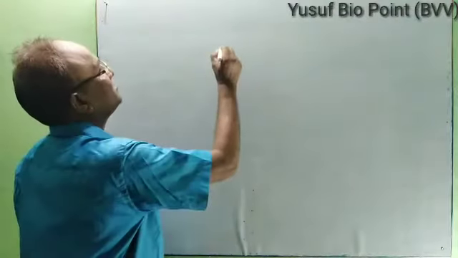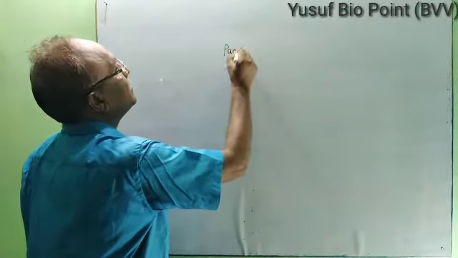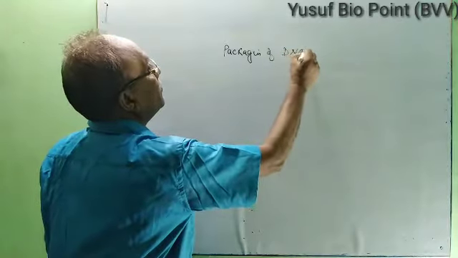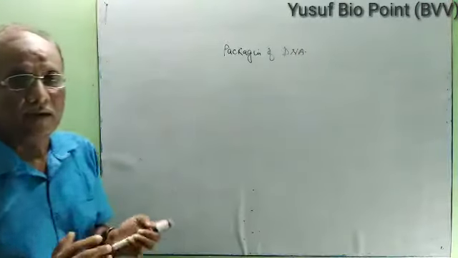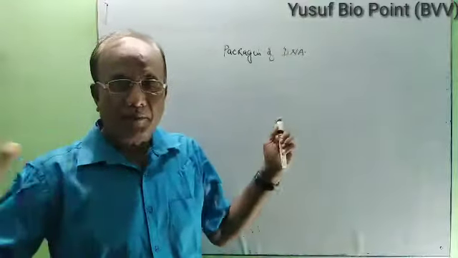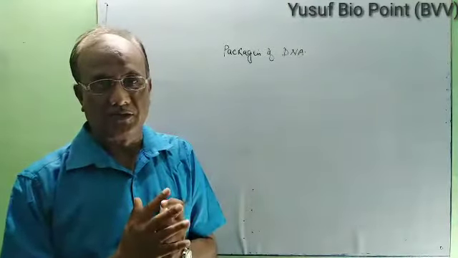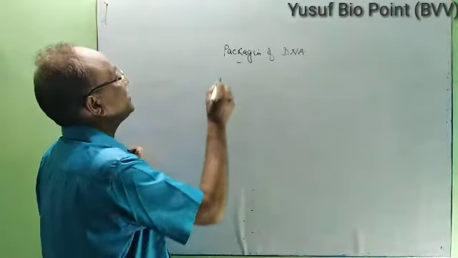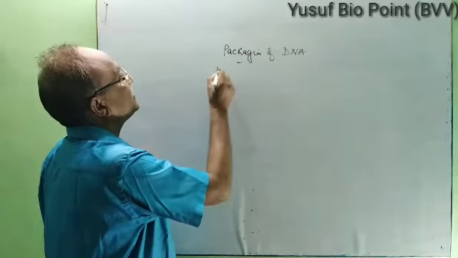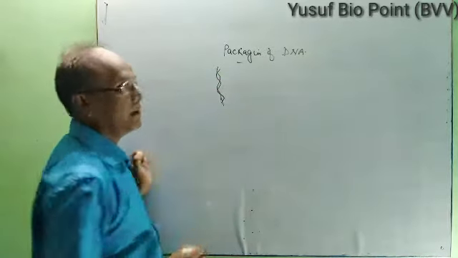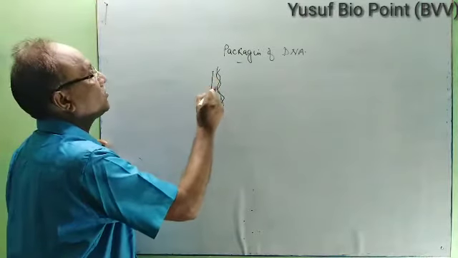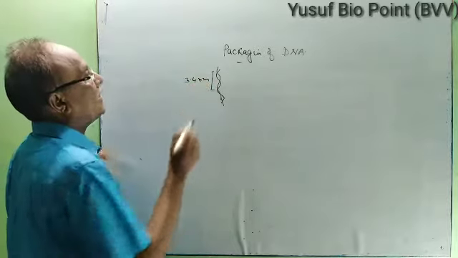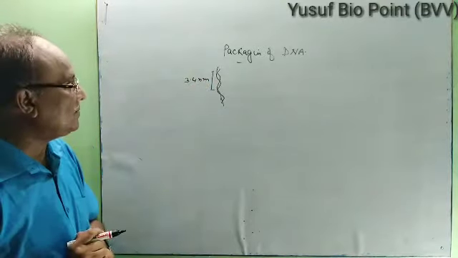Now the next topic is the packaging of DNA. How is the DNA packaged, how does the DNA form the helix and coiling structures, how are they attached? We know that it is made up of a double helix, and the pitch is 3.4 nanometer, that is 34 angstrom.